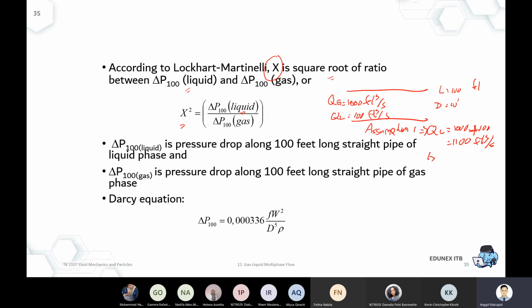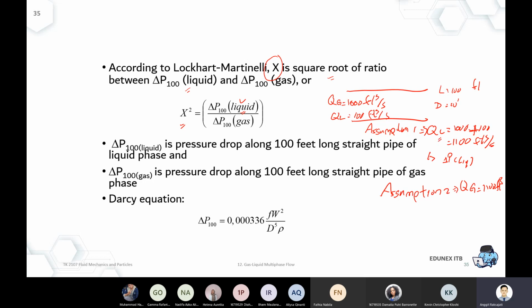Coming from this, we can calculate the Darcy equation, the Fanning equation, the Moody equation. Now we get the delta P for the liquid. That helps us get the first input to get the X. And then assumption two, assuming that everything now is a gas. We get the same flow rate, but now you can imagine that the linear velocity must be different.